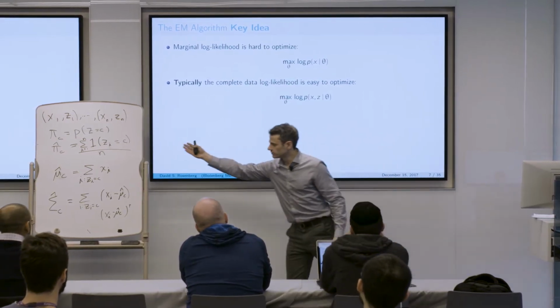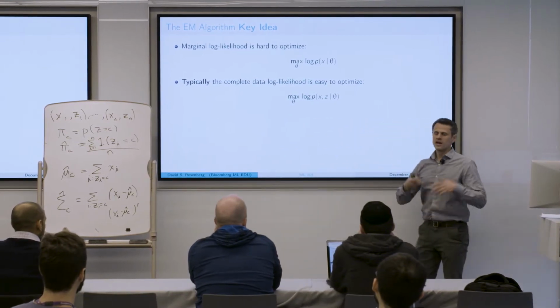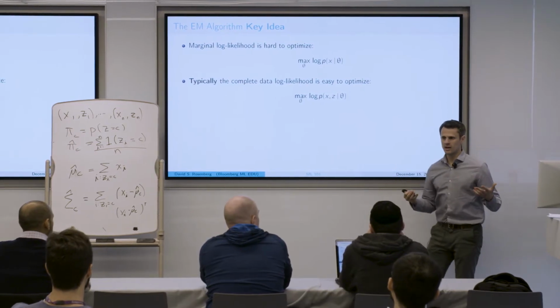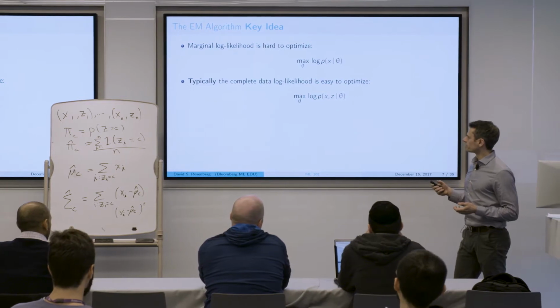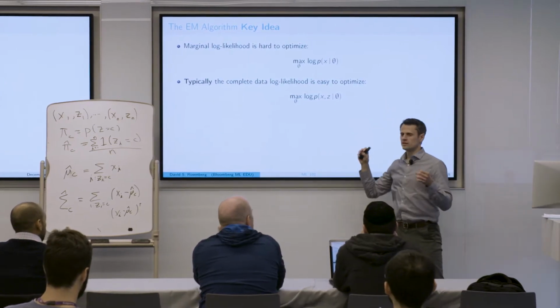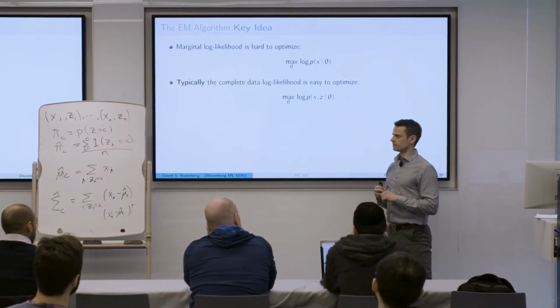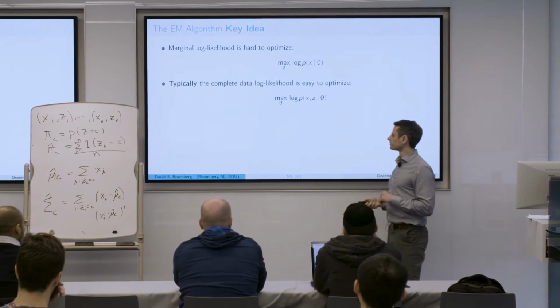We wrote it down together here. It's easy to do learning in the fully observed case. And this is something that we assume to be able to apply the EM algorithm. And in fact, we assume a little bit more, which is that we assume it's also easy in the kind of soft assignment case, where we have a distribution for z given each x.